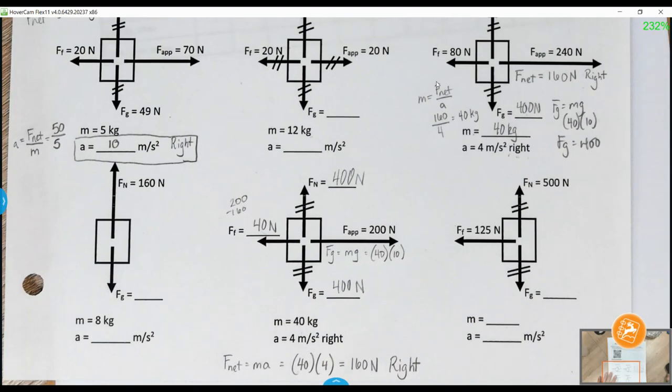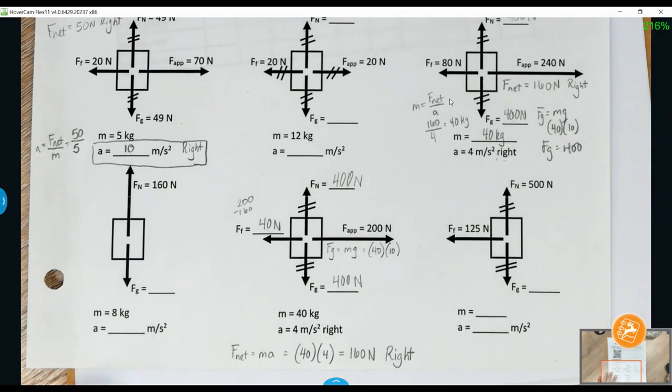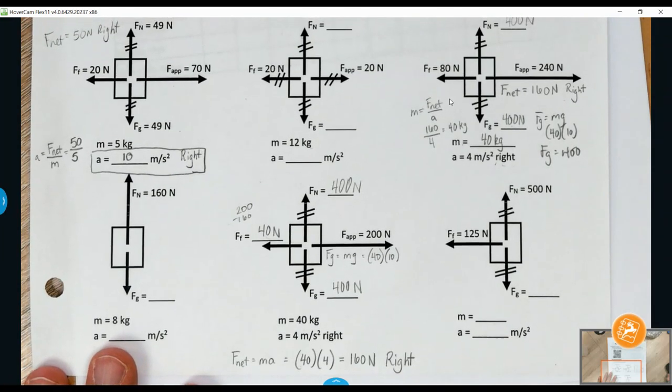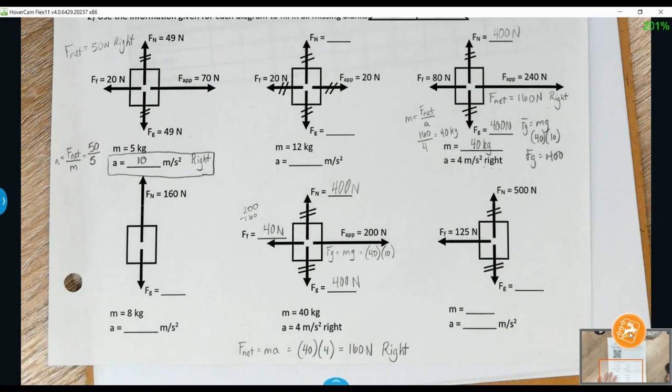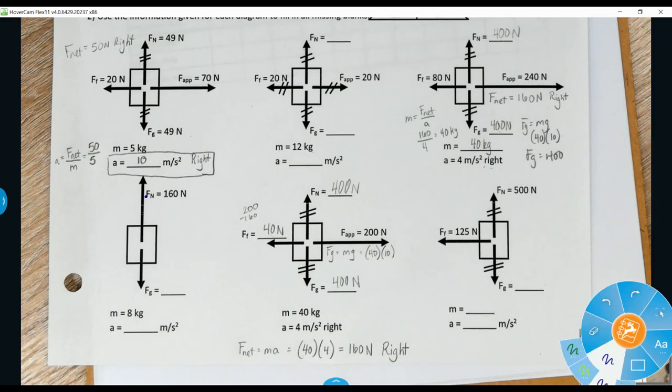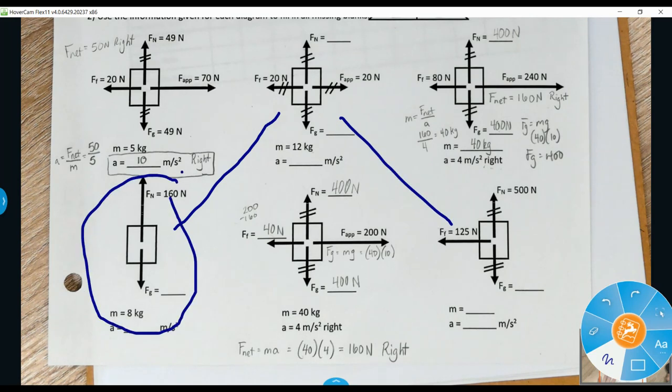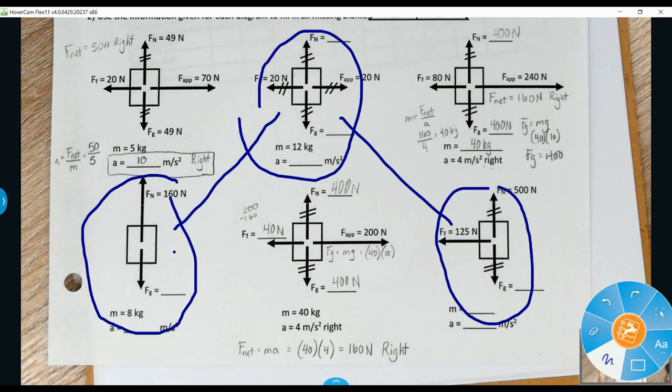Okay, so these are the ones that we did together. You're going to be doing these 3 here. This guy, and this guy. Those 3, okay?